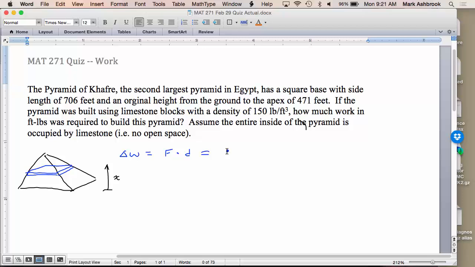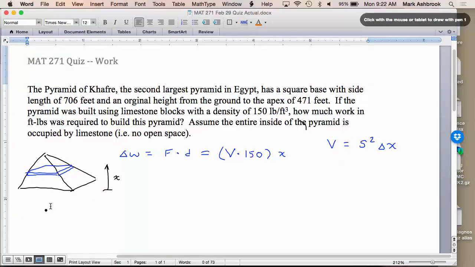Pounds. Volume times volume times 50 times x equals s squared times delta x. And then x is 0, s is 706.